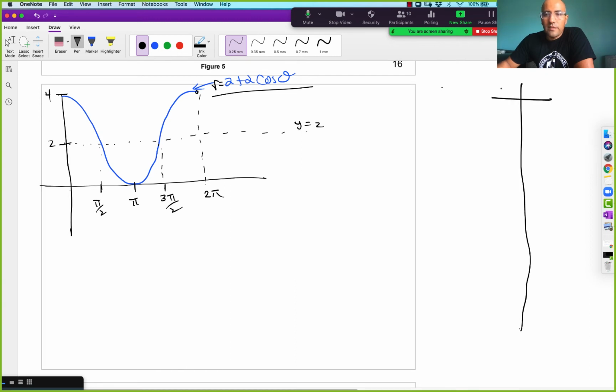So I want to ultimately create theta, r values, and here are the theta values, and then the outputs are going to be r values, right? Because that's what this is. So, for example, when theta is equal to 0, the output is going to be 4. When theta is 0, the output is 4. Right? This is theta in radians.